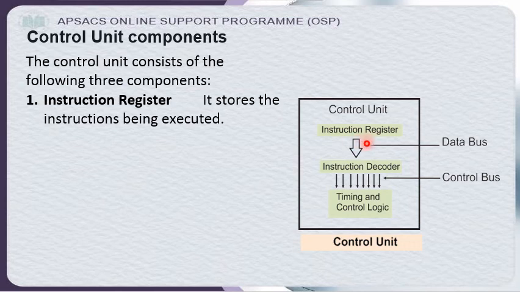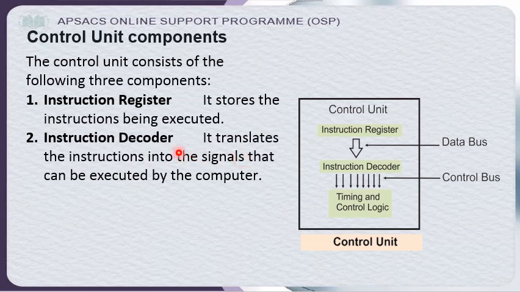The instruction which is coming to the control unit will be stored in an instruction register, that is, which operation is in execution, or which operation is right now inside the processor for execution. So that will be stored inside the instruction register.